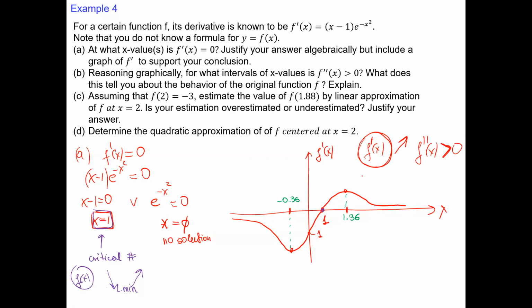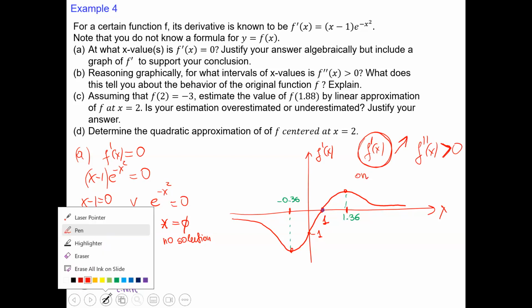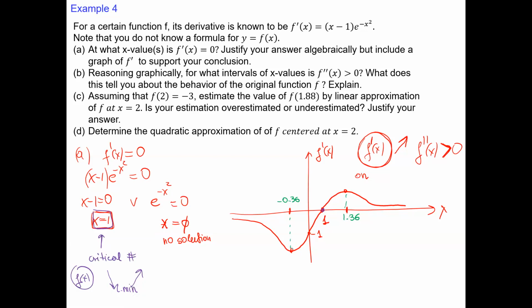That means let's find the interval where this graph is increasing. It's actually increasing from that point to here. We can say when x belongs to, and I'm just copying this from the Desmos, from that point, negative 0.36 to 1.36. Okay? And this is the moment when the second derivative is positive.